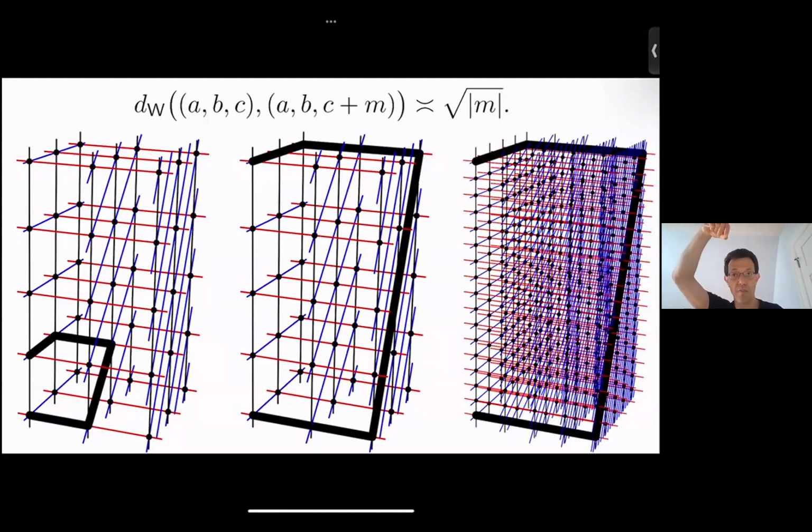So I did a small number of steps in the Cayley graph, and I ended up very, very far above where I started. So it's like a vertical teleportation mechanism. Okay, is that clear?